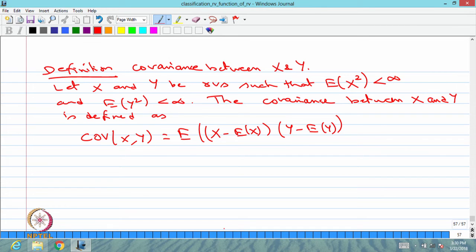First you multiply x minus expectation of x with y minus expectation of y, then you find the expectation. So this is a special case of the first definition which we have given, expected value of a function of a random vector.